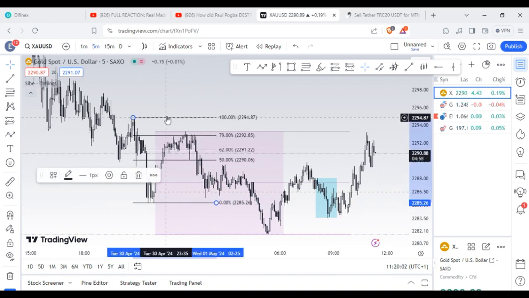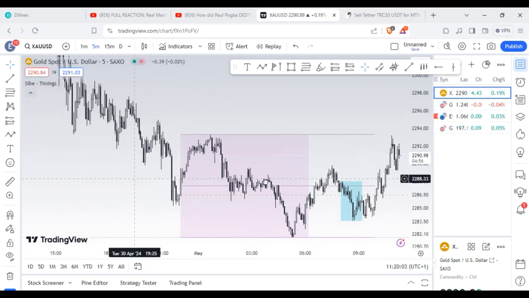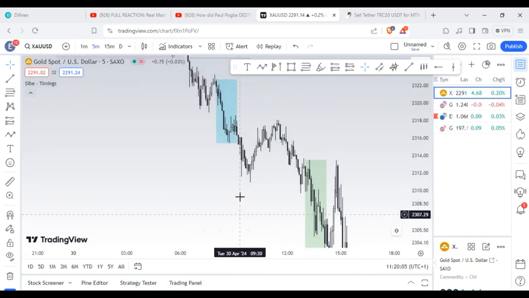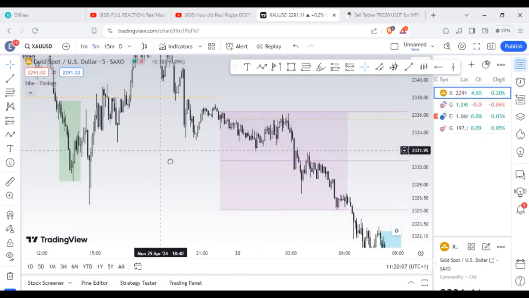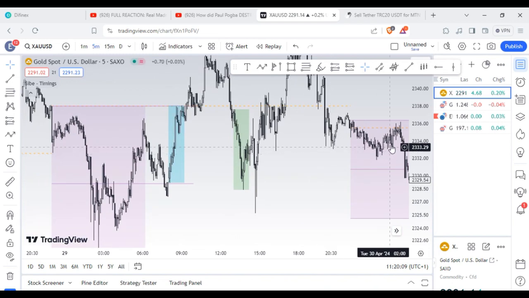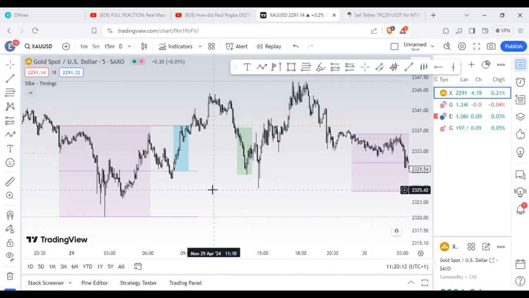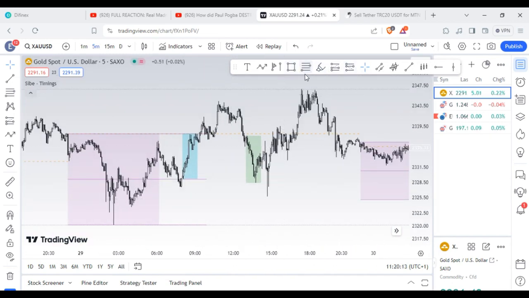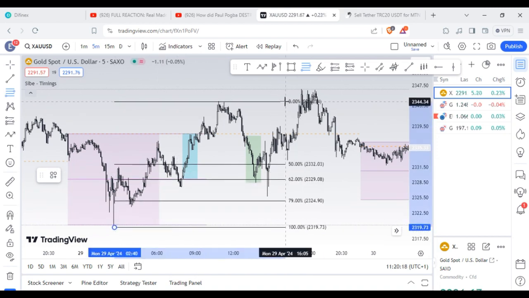Let me show you guys the buy side of things. Let's look for when the market was going up, and right here we had this range from this point all the way up here. Price traded below 50%, came into the 79 area, and then gave us an opportunity to buy.